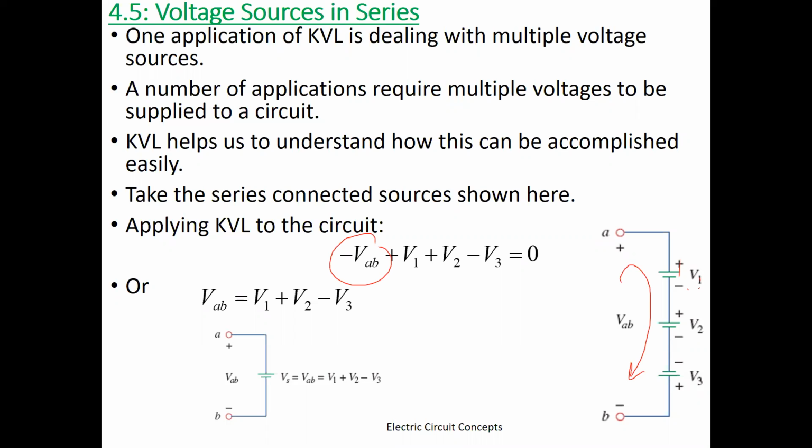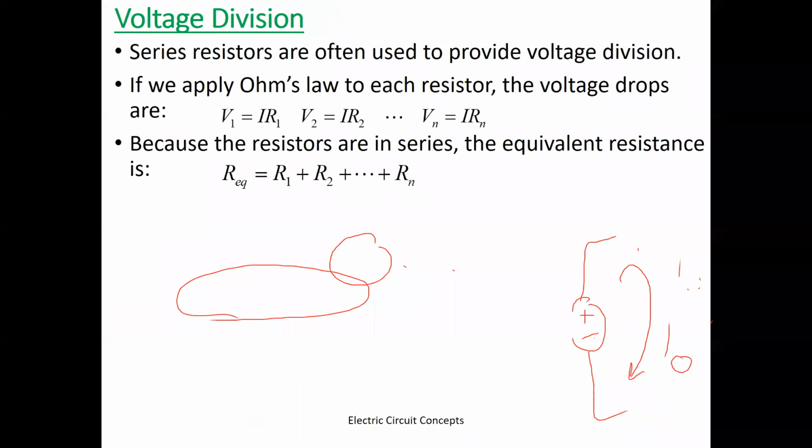Here's the loop: we hit the minus, so minus VAB, then we hit the plus, V1, V2, and then we hit the minus, so it will be V3. So the total supply voltage is V1 plus V2 minus V3. Again, it's very similar to resistors.